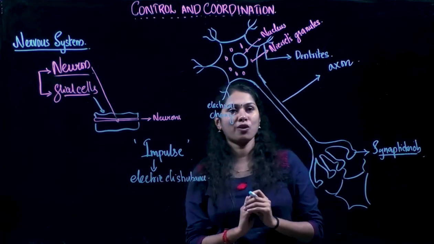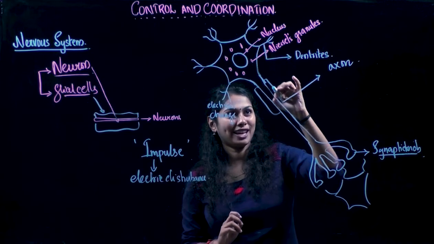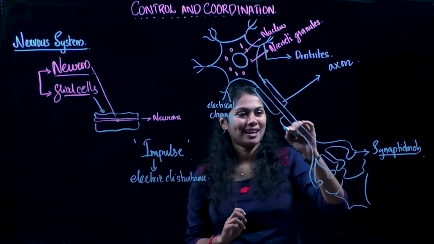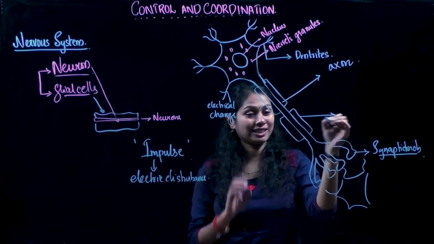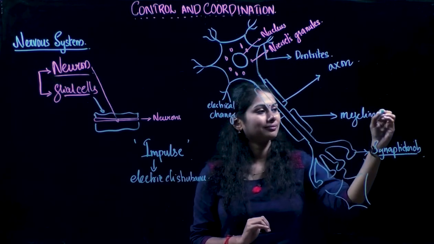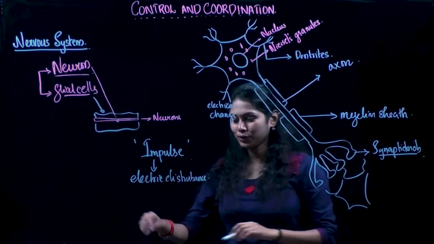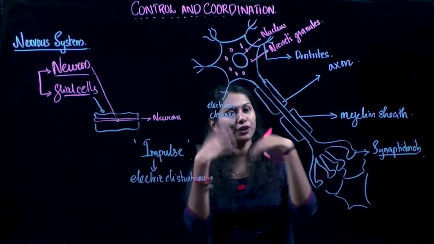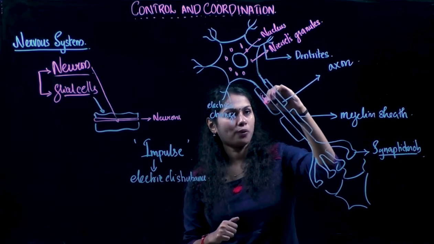And this axon is protected by insulators. This insulation is called a sheath. That covering is called the myelin sheath. Usually this sheath is formed by a type of cell called Schwann cells.